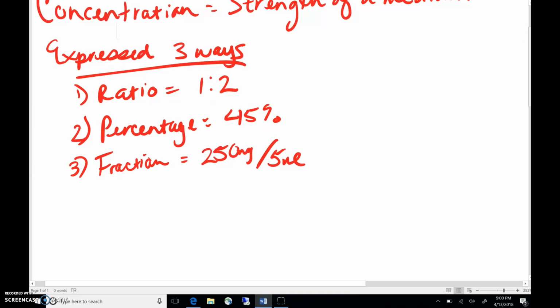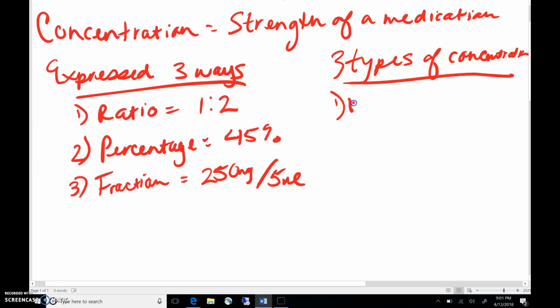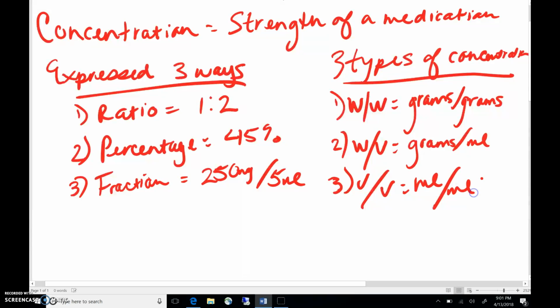In addition to its expression, concentration comes in 3 ways. There's 3 types of concentrations. All right. One is weight to weight, which has the units grams per grams. You have weight to volume, which has the units grams per milliliter. And you also have volume to volume, which has the units milliliter per milliliter.